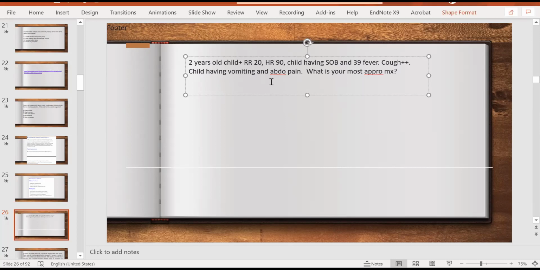We don't need to give ceftriaxone in a non-severe pneumonia. What can we give? Yes, benzyl penicillin, guys, right? So that's the important thing. This is the smallest thing, but if you don't know, you will miss it in the exam. A child having vomiting, you don't give oral antibiotic because they will just vomit it out. It will not work. So you give benzyl penicillin for that child.